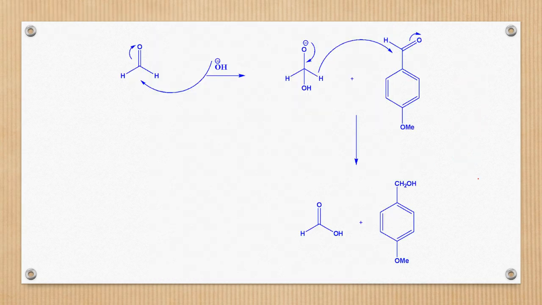So this OH minus will attack onto it. Basically, this dianion is getting formed. This will come down, and the hydride will get shifted towards your paramethoxybenzaldehyde to give you formic acid and benzyl alcohol.